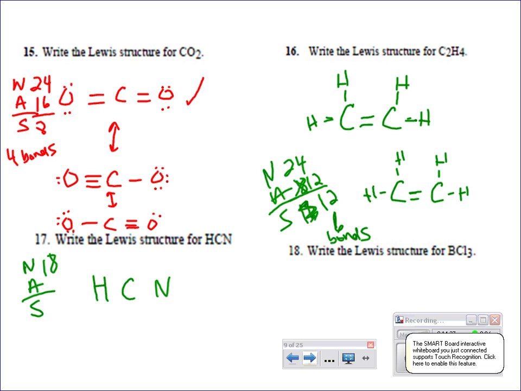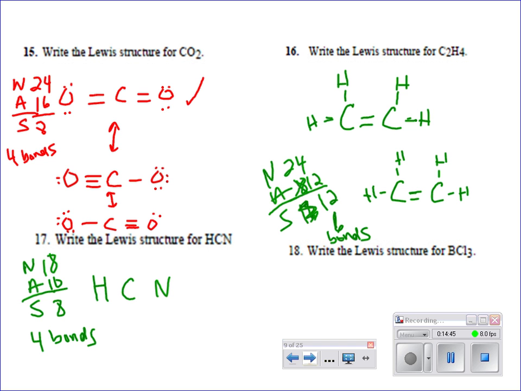And what we actually have is 5 plus 4 plus 1 is 10. So we're going to share 8. That's 4 bonds. Where are we going to place the bonds here? 1 and 3. How come I can't do 2 and 2? Good. Y'all are so smart. Hydrogen can only bond once, period. End of story. So are we done? Nope. Of the 10 electrons, we've used up 8 in bonds, so we have to take the other 2. Who needs it? Nitrogen. Nice. And that's that.